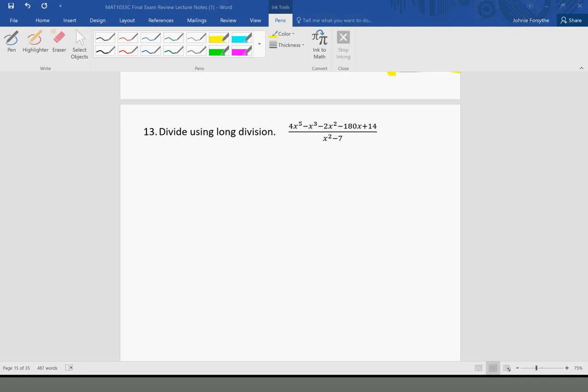All right. So for long division, the numerator goes underneath your division box: 4x to the 5th. Notice that it jumps from x to the 5th to x to the 3rd, so we're going to put a 0x to the 4th here as a placeholder. It's going to help us with our long division.